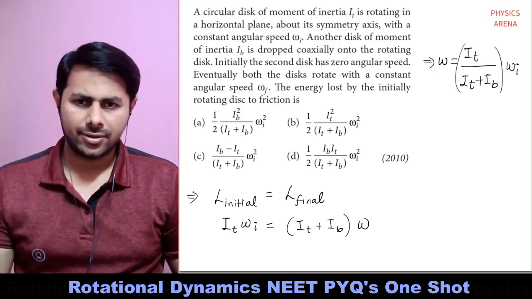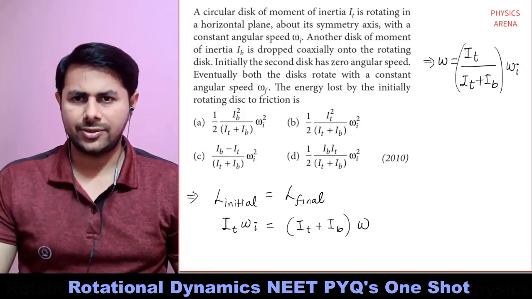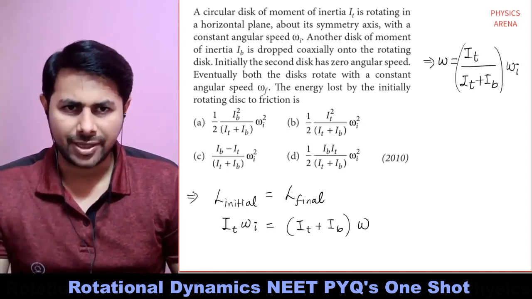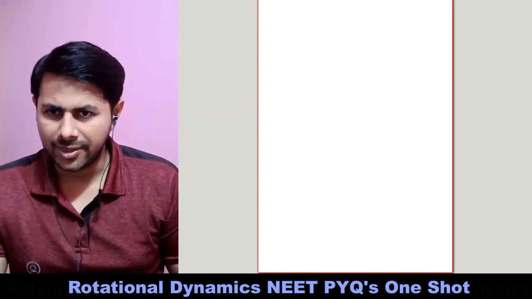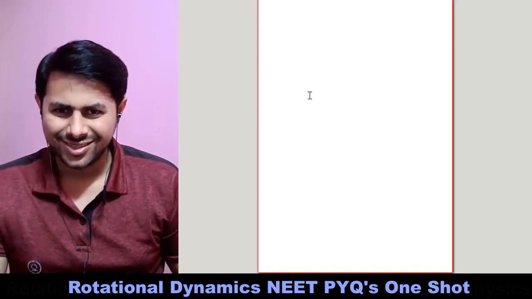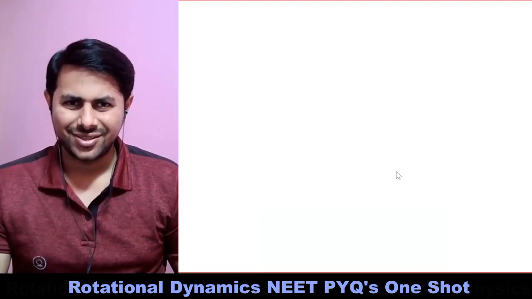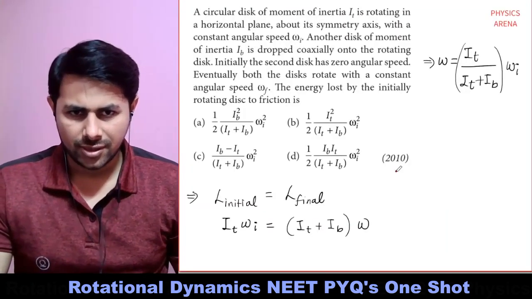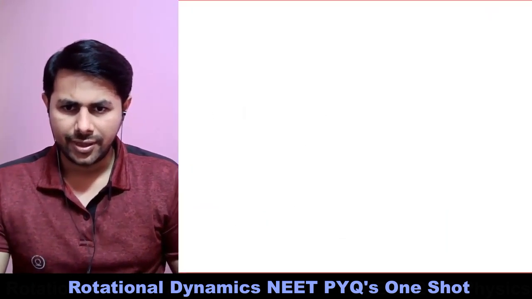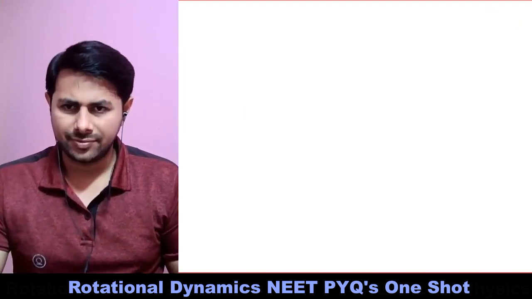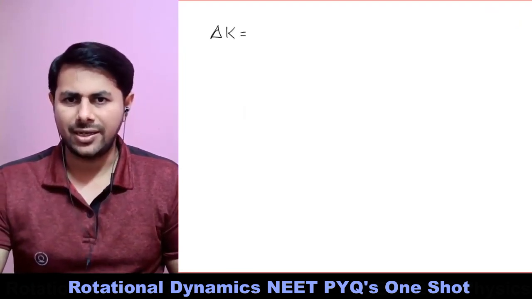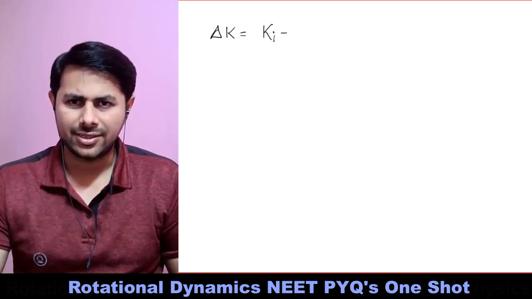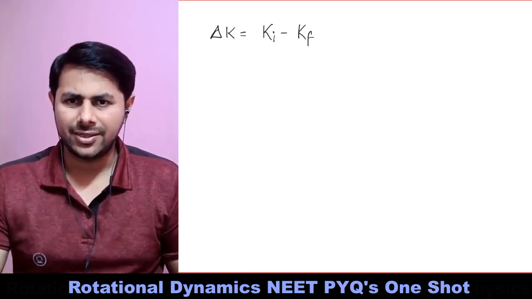And we want to find the energy lost. So let's add a page. Let's rotate the page. So how much is the energy loss? Delta K is the initial kinetic energy minus the final kinetic energy.